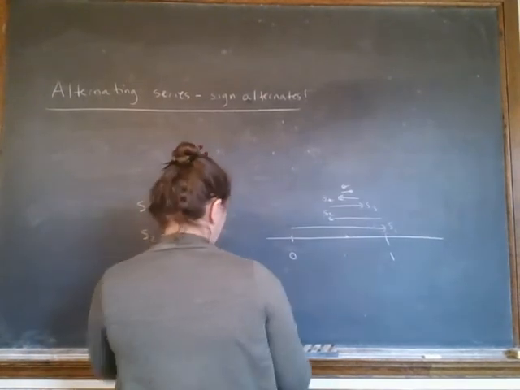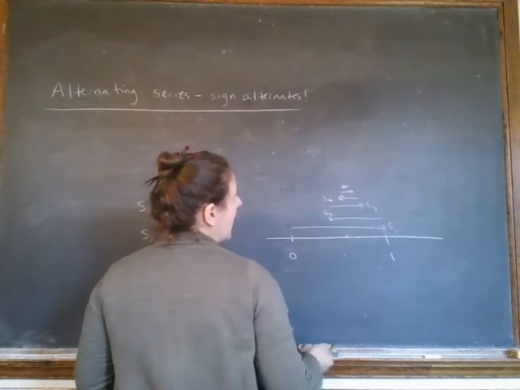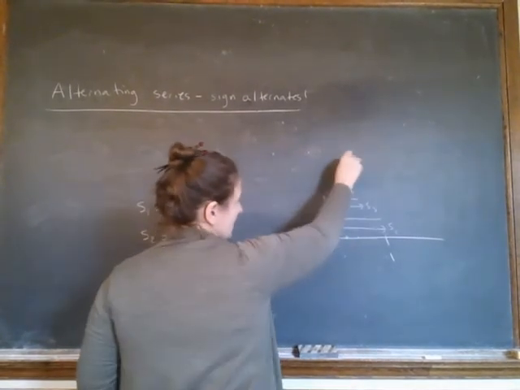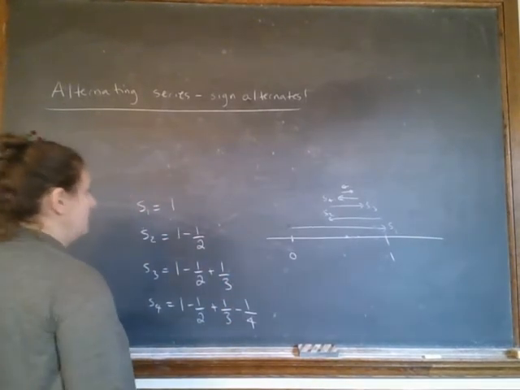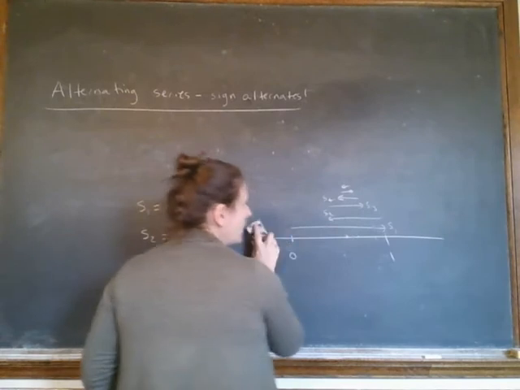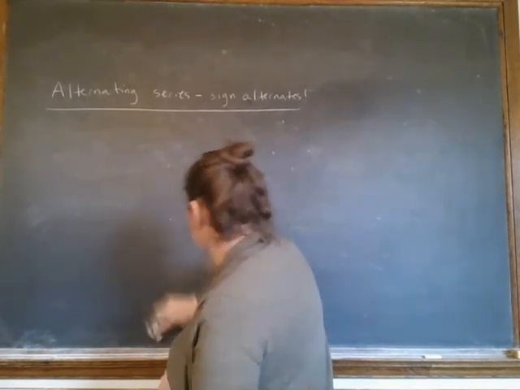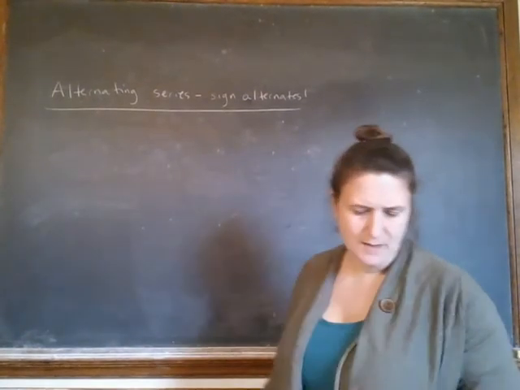Each term is smaller, I'm moving less, and eventually those terms go to 0. So somewhere in there, I'm going to come down to some number. That's really what the alternating series test is. That's exactly what we're going to check. So let's write this up.